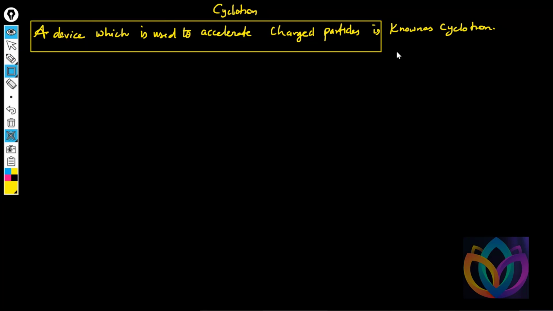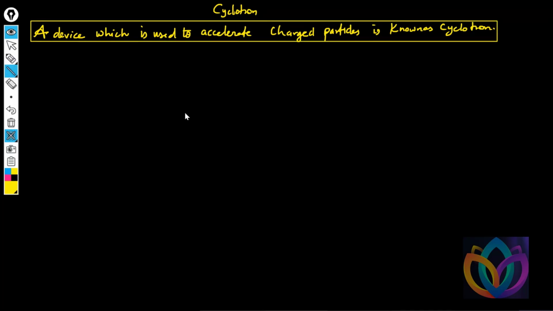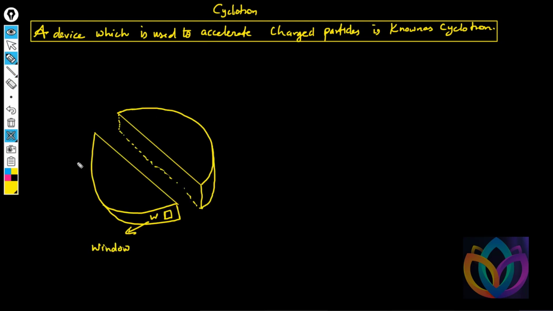Now, if we talk about its construction part, it consists of two semicircular metallic discs. I'm just drawing the semicircular metallic disc over here. Remember that they are known as Ds, D1 and D2.